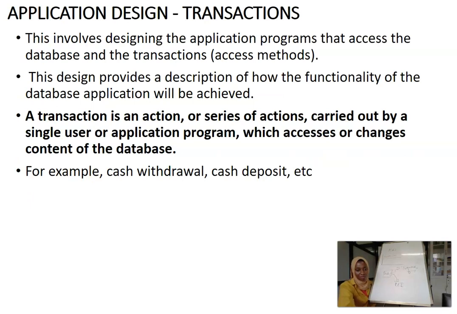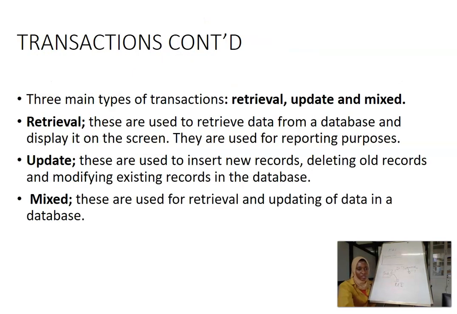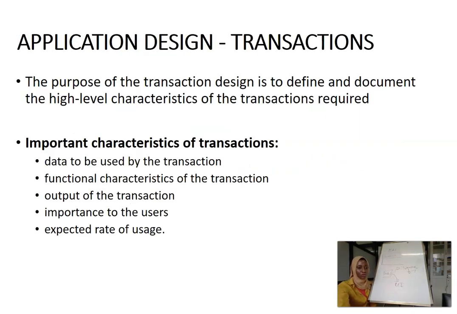This is an example of a transaction: a cash withdrawal, a cash deposit. And then there are usually three types of transactions. You have a retrieval that retrieves data from the database; an update, which inserts a new record or deletes records in the database; or you can have a mixture of these transactions. So you need to ask yourself, are you looking at retrieval transactions, update transactions, or are you going to have a mix of those transactions?